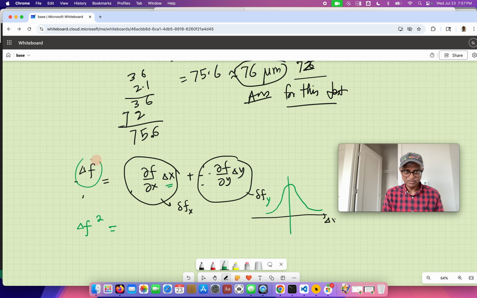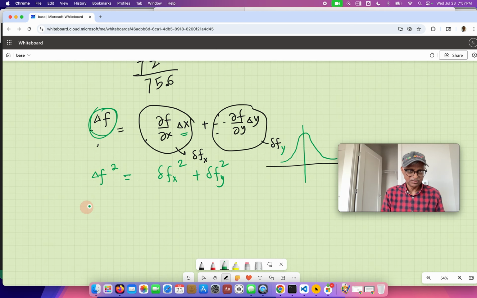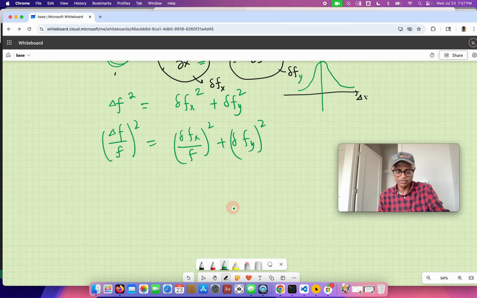The variance in this will combine the square of the variance of this and the variance of this. So delta f_x squared plus delta f_y squared. And if you're going to do the fractional, you just multiply by f squared: delta f_x over f squared plus delta f_y.